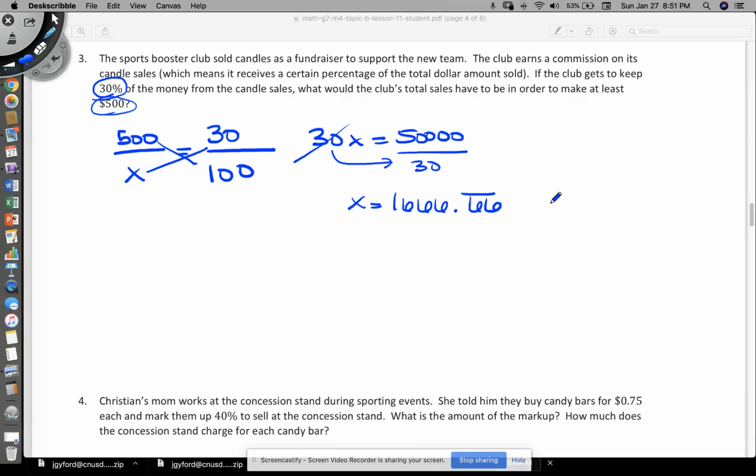So we can't have a repeat, especially when it comes to money. So we do have to go ahead and terminate this. So our final answer will be $1,666.67. So that's how much they have to sell in order to make their $500 profit.